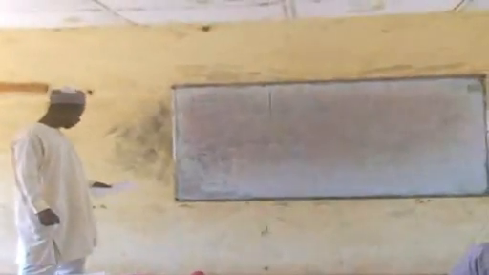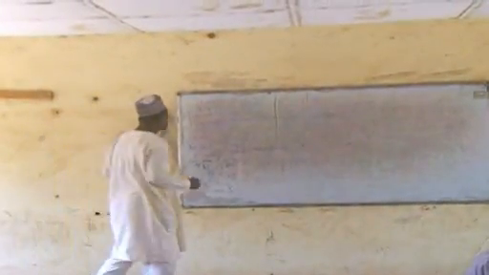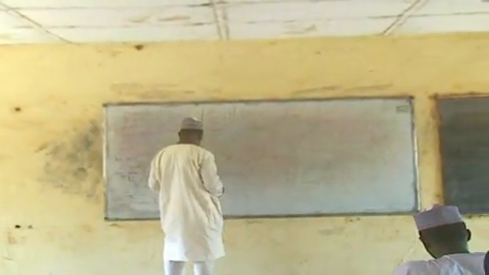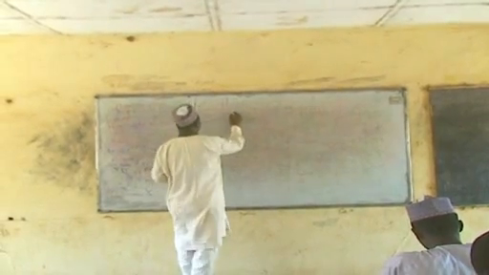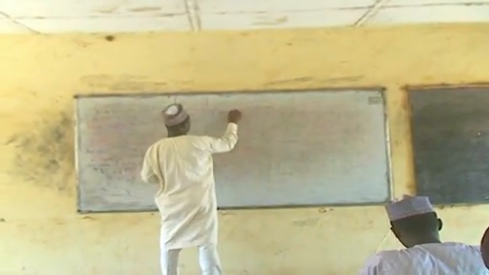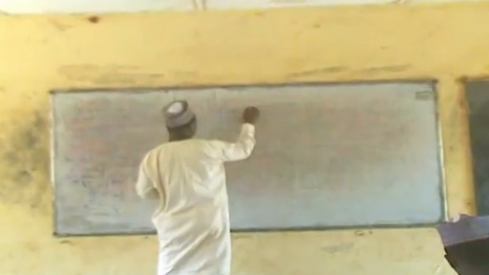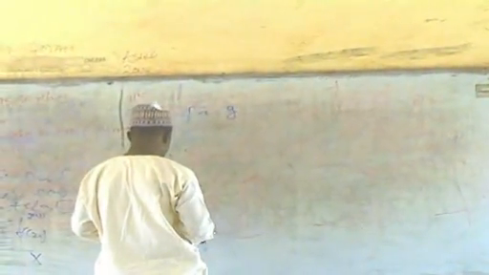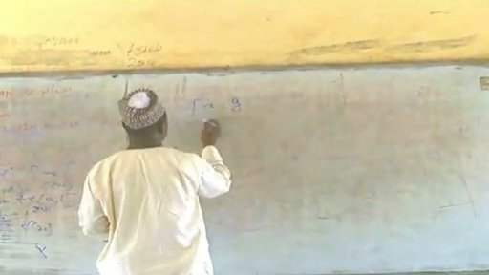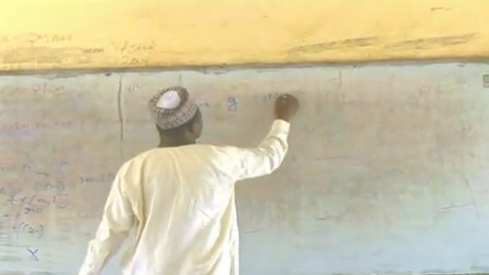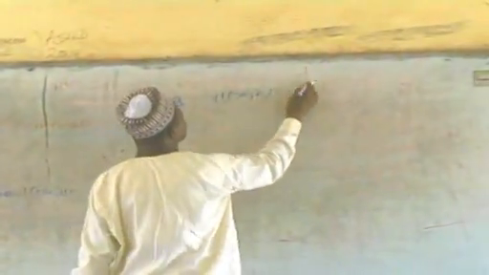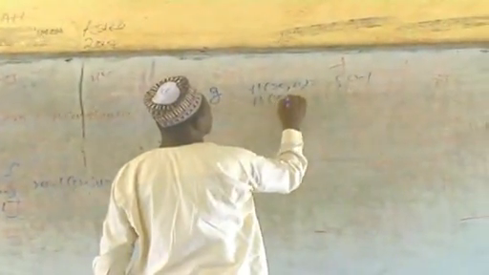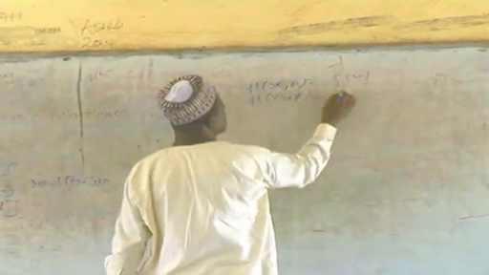Now, to show the symmetry, the next one is to show the symmetry. F is homotopic to G, by definition, h of x,0 is f of x, and h of x,1 is g of x.